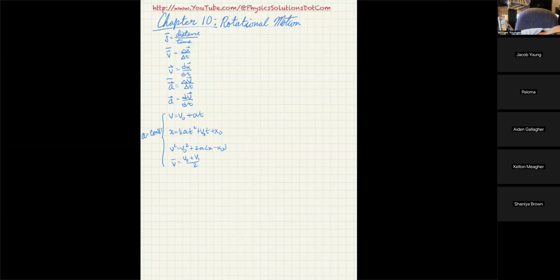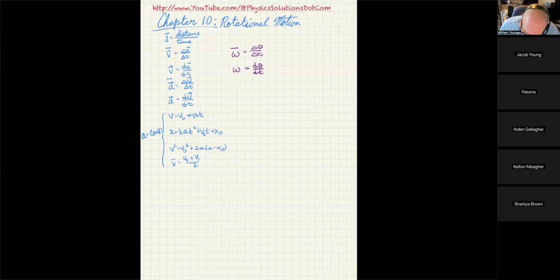It turns out there's going to be an exact analog in rotational motion. Specifically, omega bar is going to be delta theta over delta t, and omega is going to be d theta over dt. Now, there is a way to construct these vectorially, and we'll talk about that later, but it's sort of a pseudo vector thing, so it doesn't really work out quite so nice.